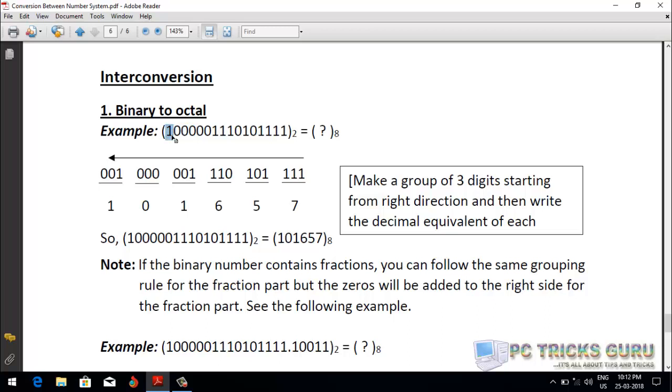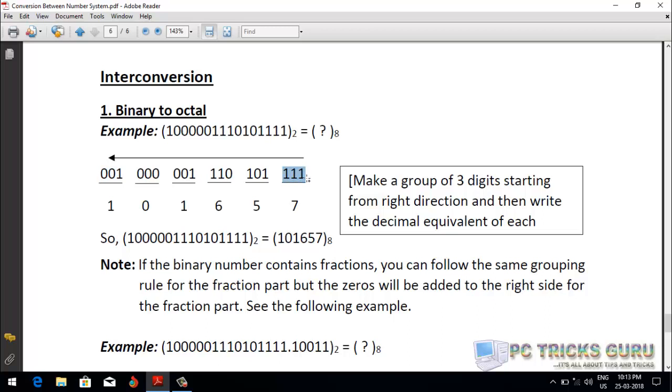Now we cannot form a group of 3 because we have 1 left. So to create a group, we need to add extra zeros to the left of 1. So 1 is written here and then 2 extra zeros, so it becomes 001. Okay, now write the decimal equivalents for each group.